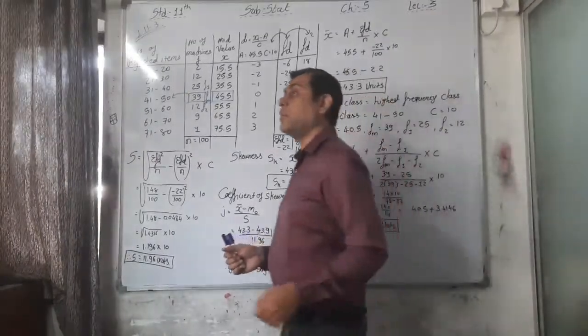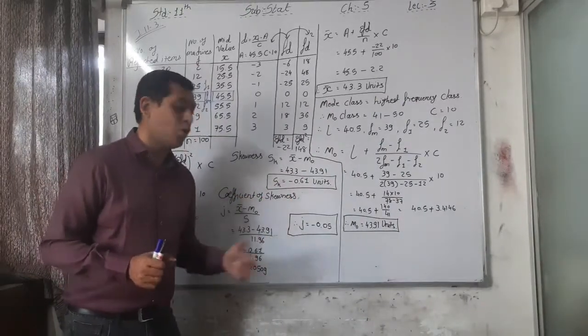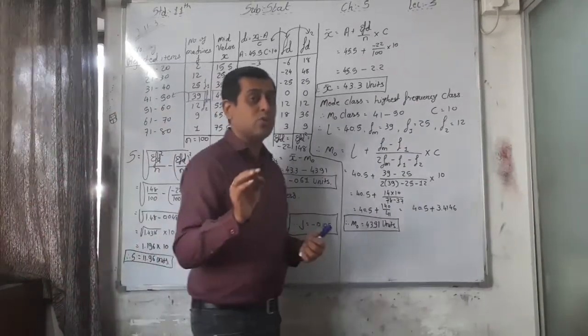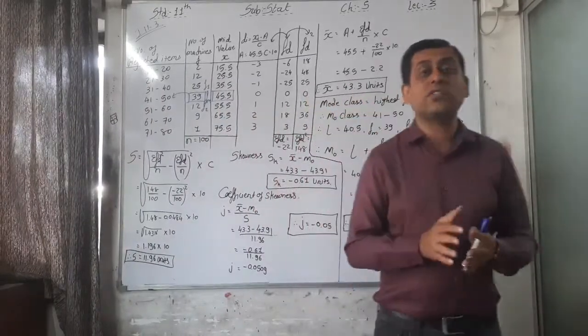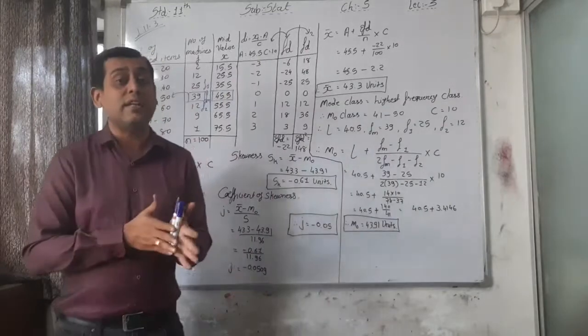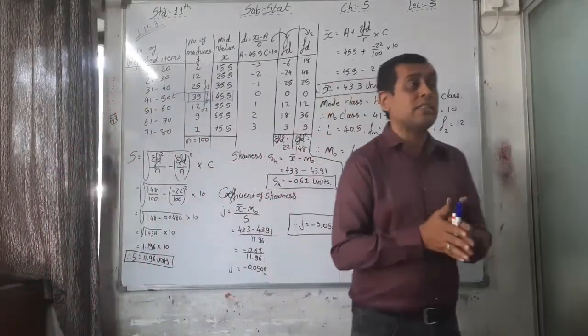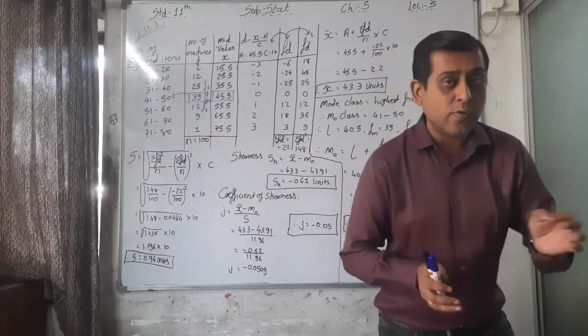So whenever we find out the answer of skewness as well as coefficient of skewness, we have to write down the conclusion, that is, whether it is nearest to symmetry or not. The skewness is negative or positive. First of all, we have to write down that.